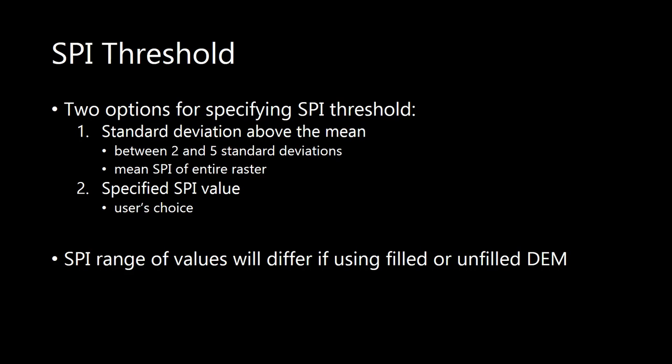So if you remember, these rasters actually expand to a 1,000-meter buffer beyond the watershed boundary. So these values can vary a little bit and may not be as accurate as you're looking for. It's up to you. The second option is to have the user specify an actual stream power index value. And this will take some time to look at the raster, see the distribution of values before you make a choice. And remember, your stream power index range is going to vary depending on whether you used a filled or an unfilled DEM.